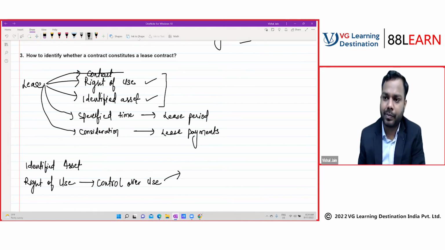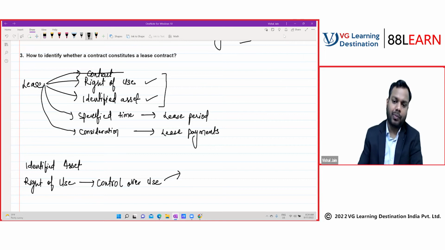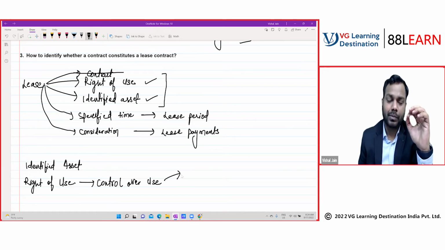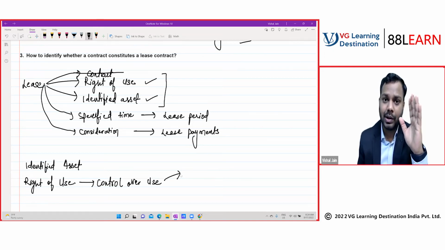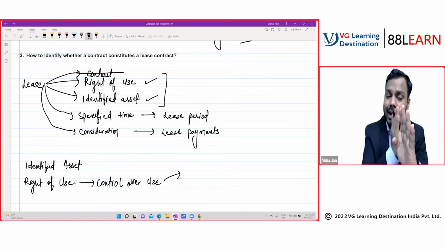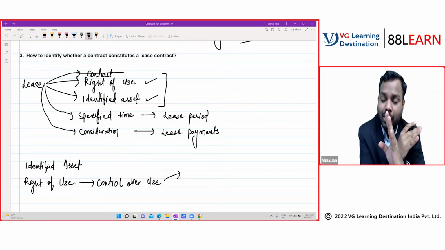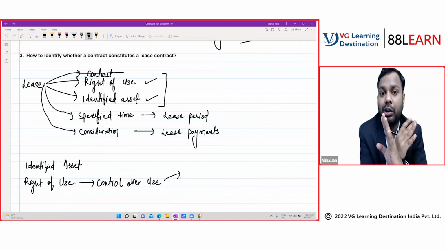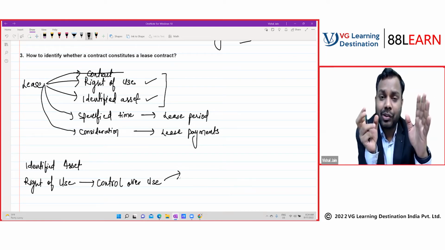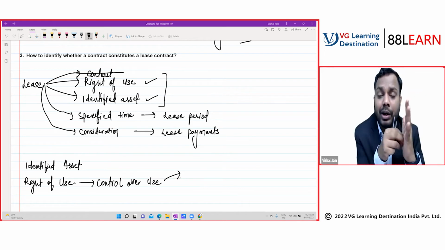Risk and rewards. Okay. Now, understand. See, guys, IFRS talks from a control perspective. AS, the accounting standards from the Indian scenario, talks from a risk and rewards perspective. What is the difference between control and risk? Risk and rewards is just one of the indicators of control.